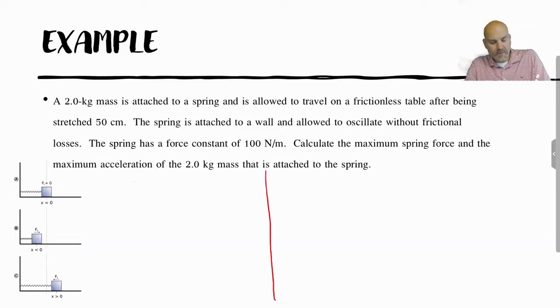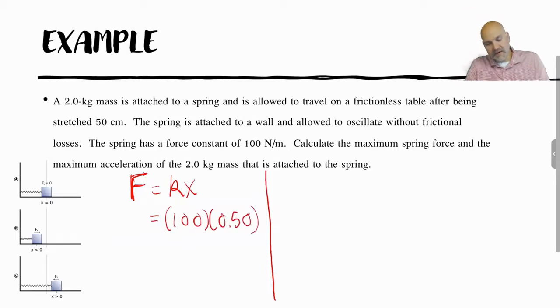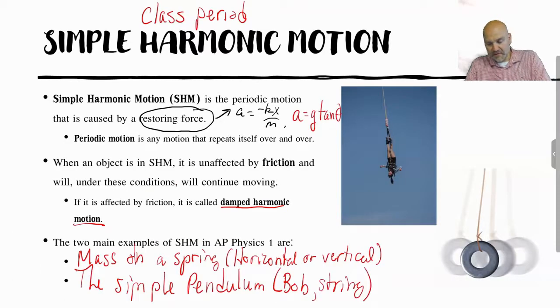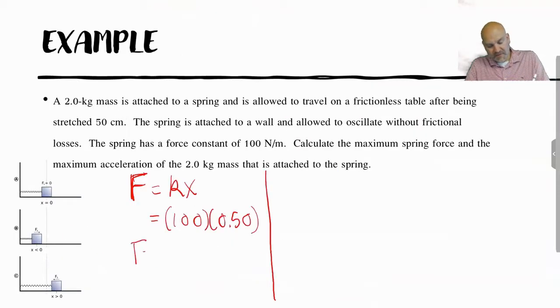Okay, so here we go. Start with the spring force, F equals kx. So it's force equals spring constant times displacement or elongation. And so it's going to be 100 times 0.50, because we have to convert that 50 centimeters to meters. And so the spring force will have a value of 50 newtons.